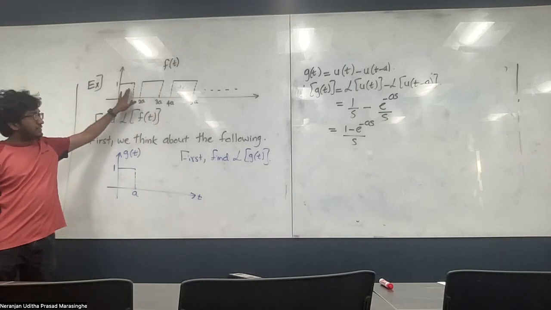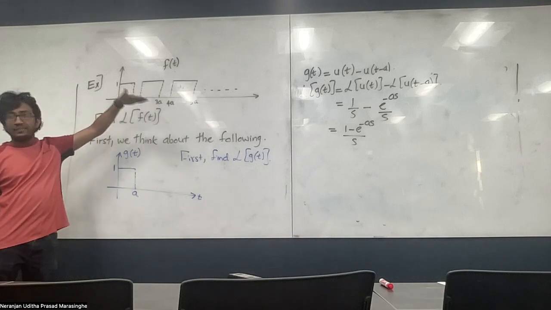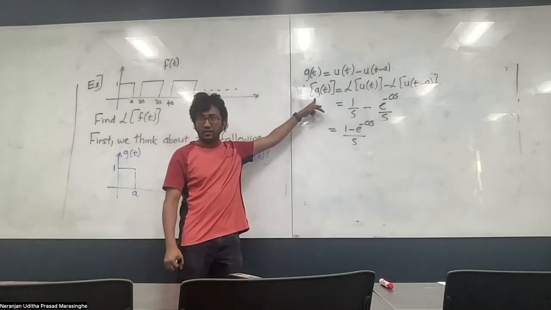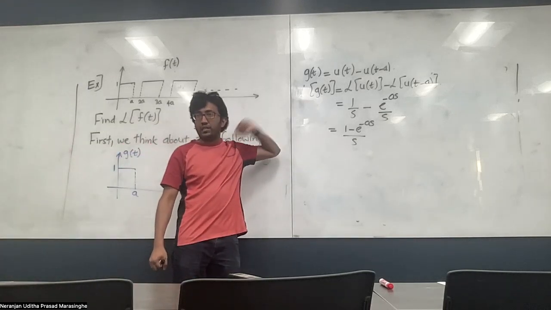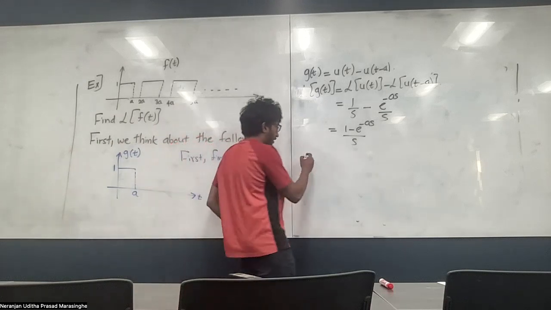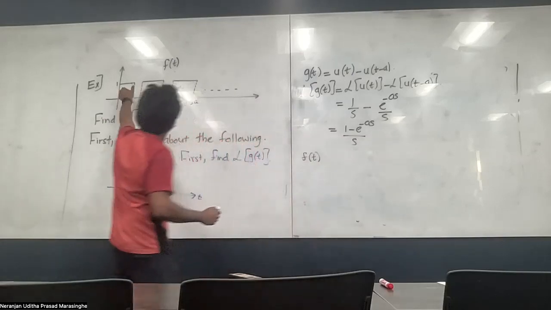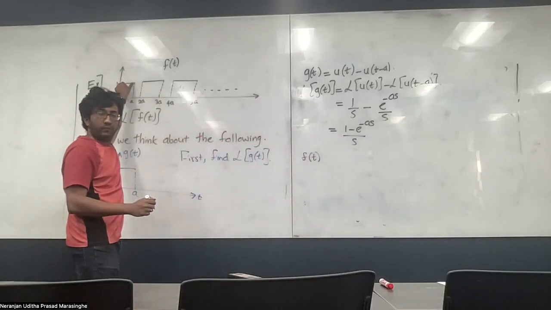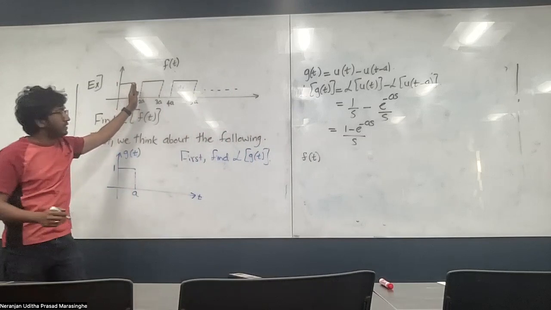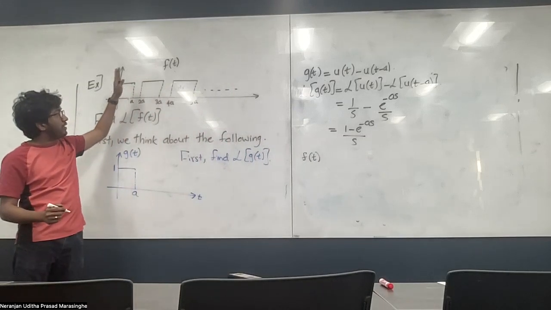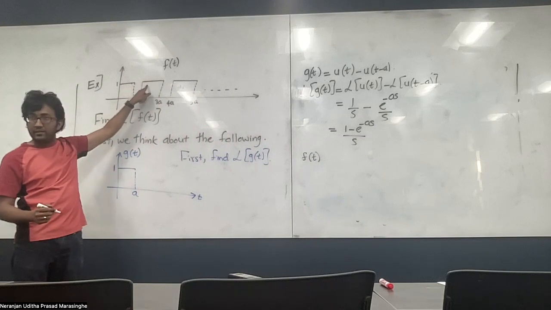Now let's try to write f(t) as a combination of g(t), because now I know the Laplace of g(t). So what is f(t)? g(t) is only this piece. What is this piece? It is g(t minus 2a), because you need to translate g(t) by 2a units to get this.